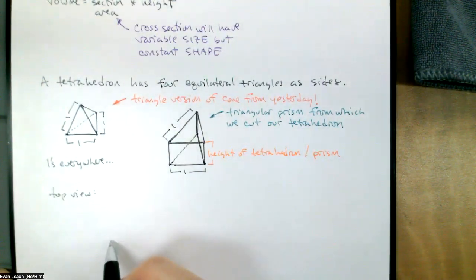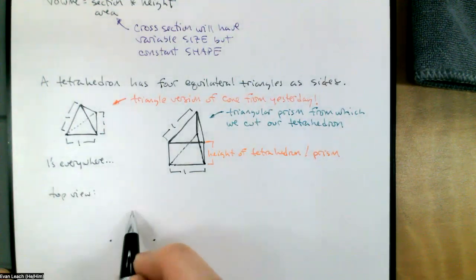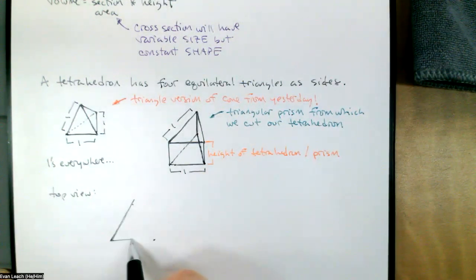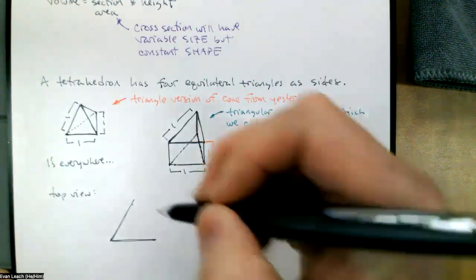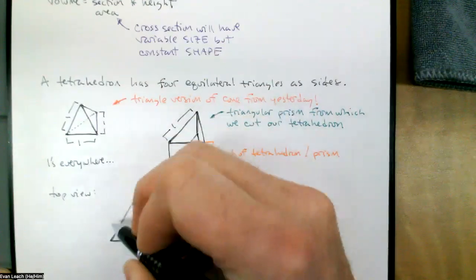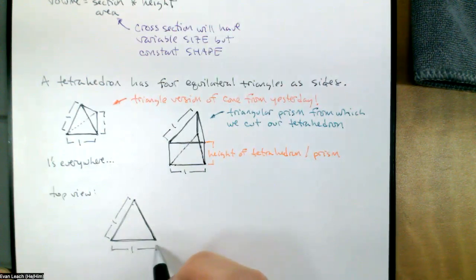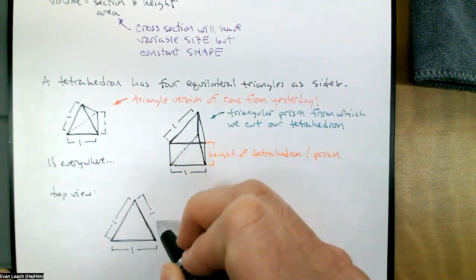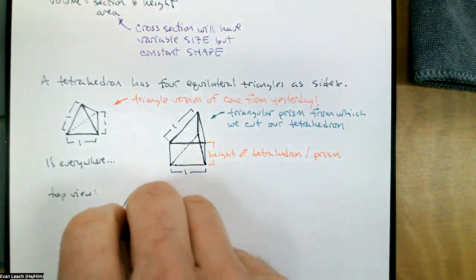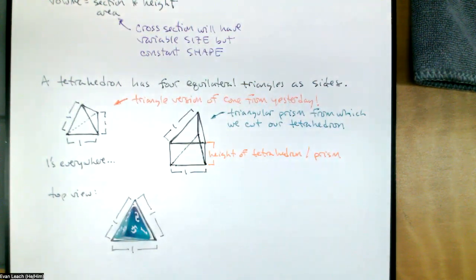If we look at the top view, in both the tetrahedron and the prism, from the top, we just see a triangle.